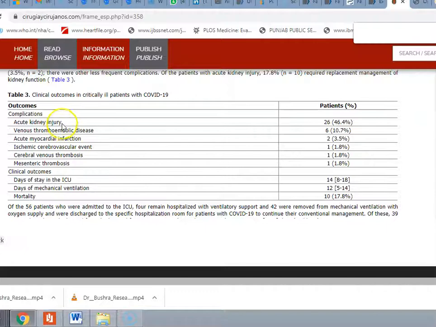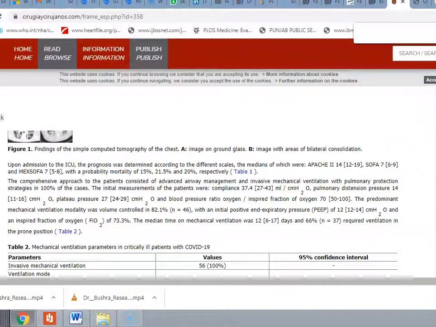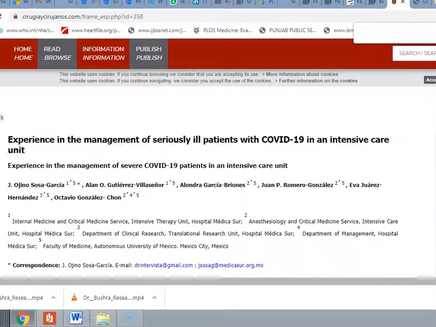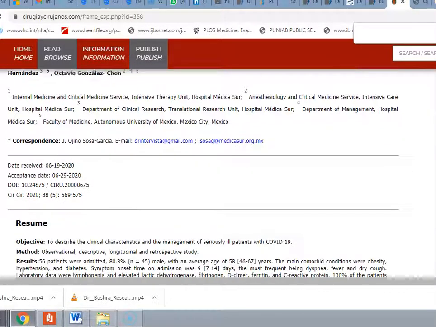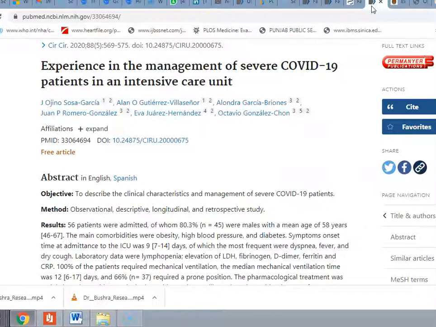If they were interested in one complication only, they would have titled this article as the incidence of acute kidney injury in COVID-19 patients, a longitudinal descriptive study. However, they have made the title as experience in management of severely ill COVID-19 patients. So this was one example of a descriptive longitudinal study.